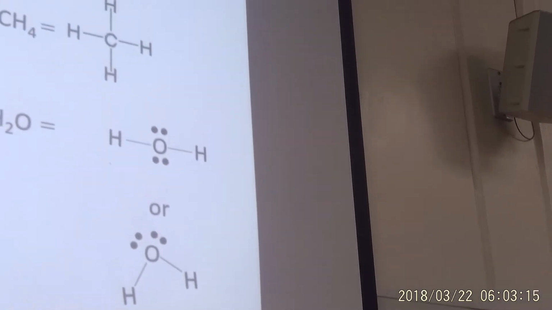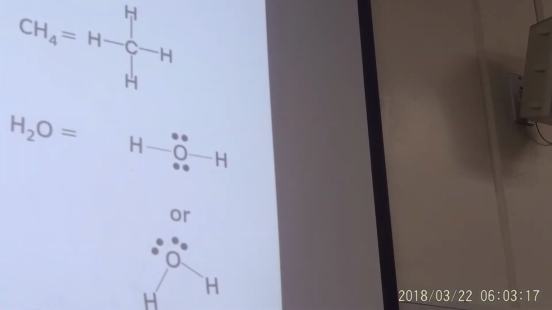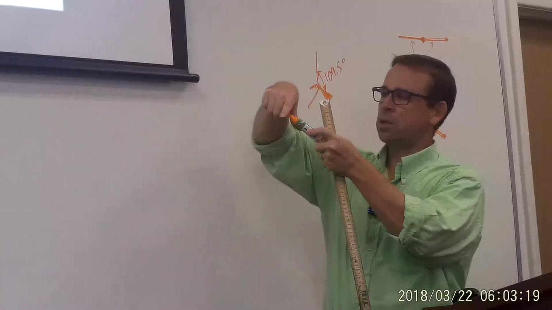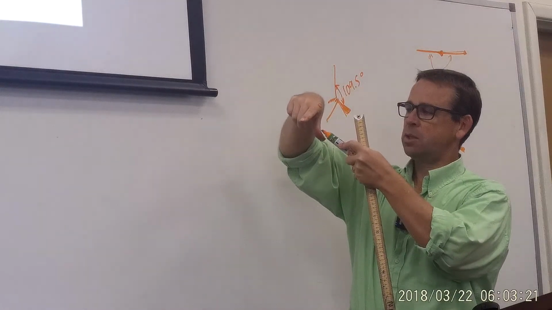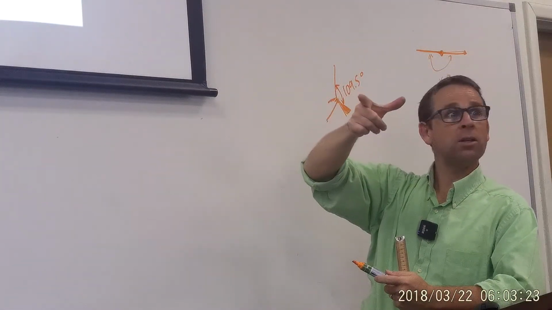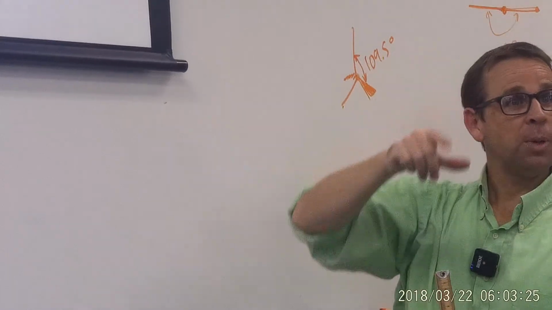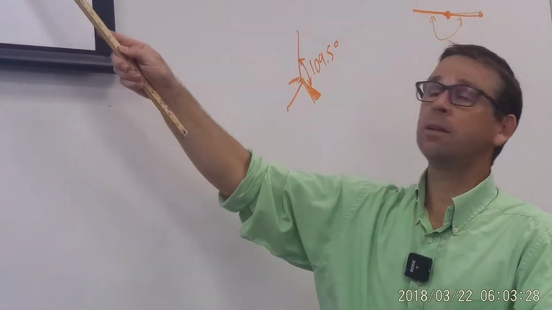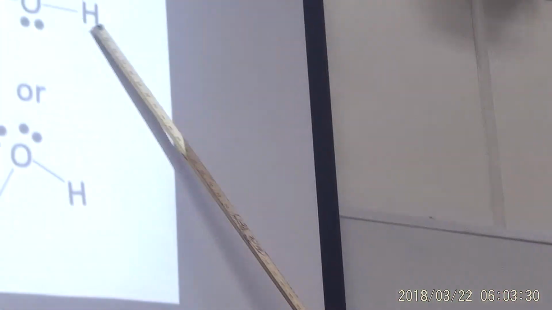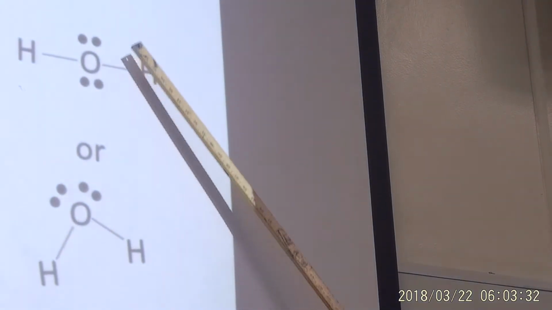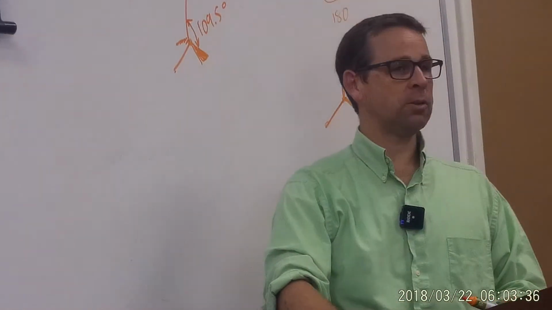That's right. So here is the water molecule. Oxygen's right here, right? And there's the hydrogens. Does that make sense? And if I hold it like that, it looks flat, right? But that's not how we determine it. Can't tell by how it's written. They're going to try to trick you. You have to count up the regions of electron density, and then that will tell you the resulting shape of the compound.